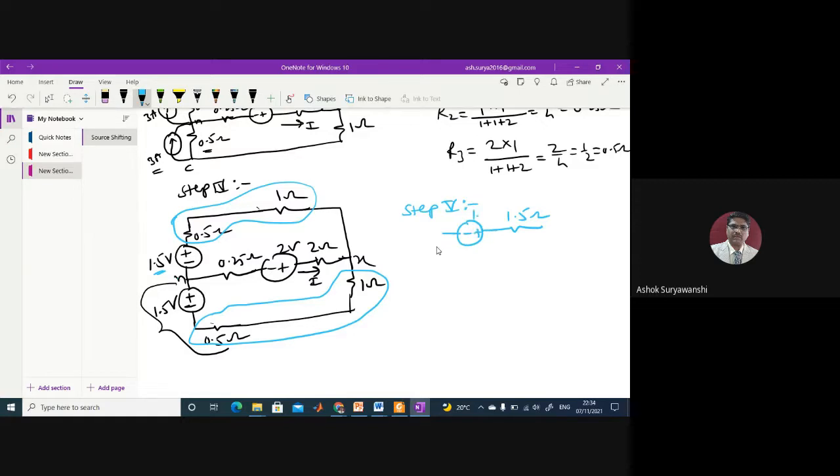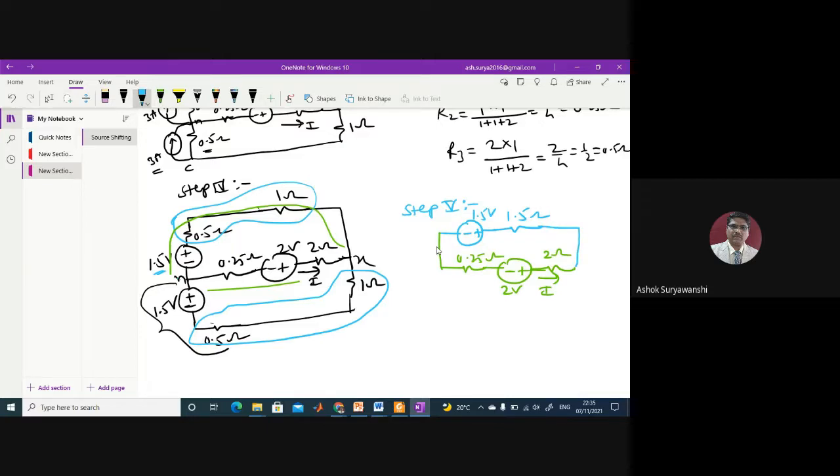So it is 1.5 volt. So that is one branch. So this is one branch. There is another branch in the middle, so I'll show that middle branch here, 0.25 ohm. While doing this, the meaning of the circuit should not change. 2 volt, 2 ohm, current I, right?